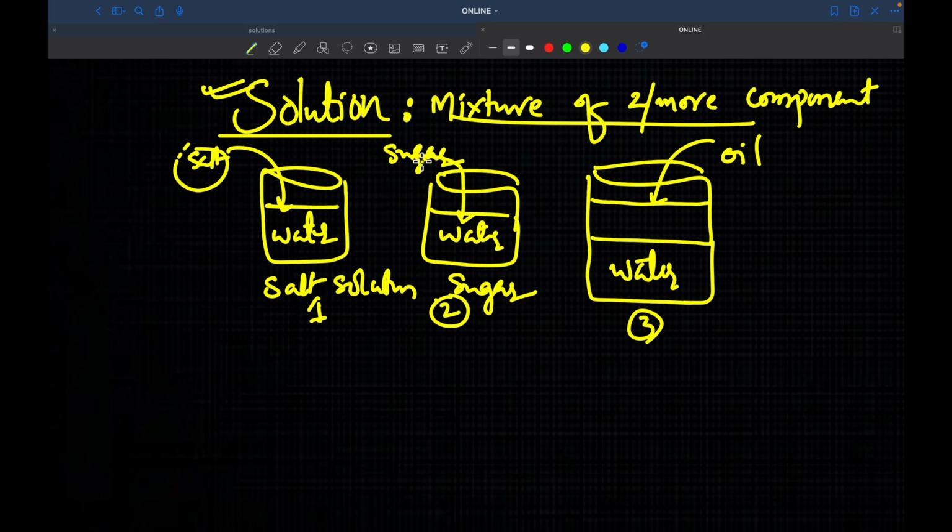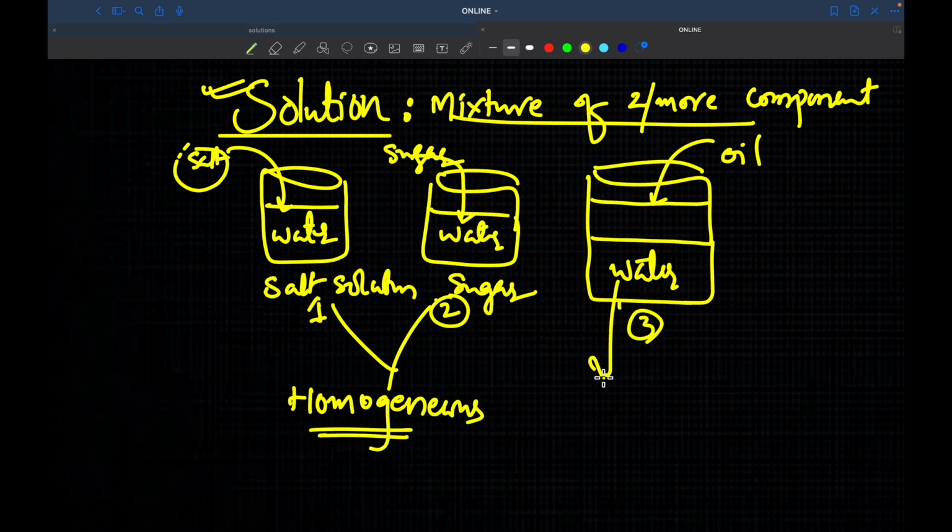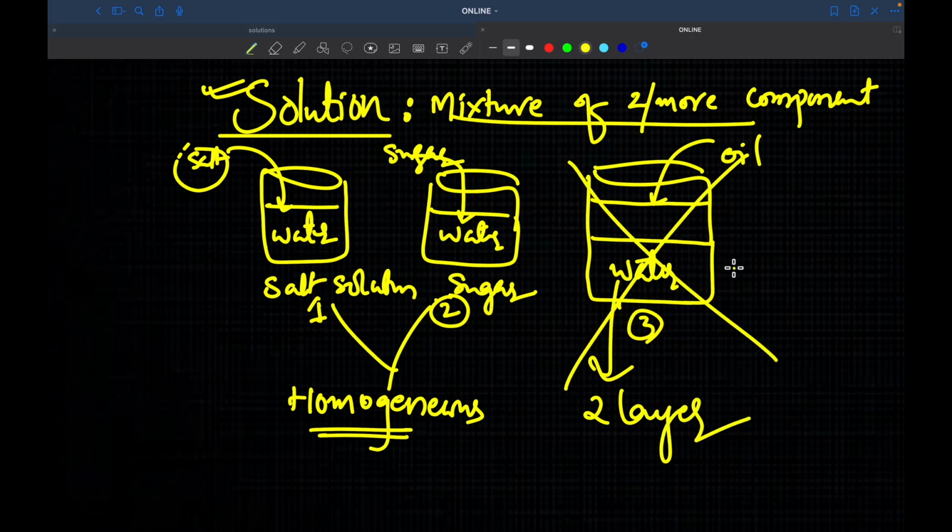In the second glass, sugar dissolves in water completely, and these two are homogeneous. They are completely dissolved, whereas this has formed two different layers. So this is not an example of a solution.